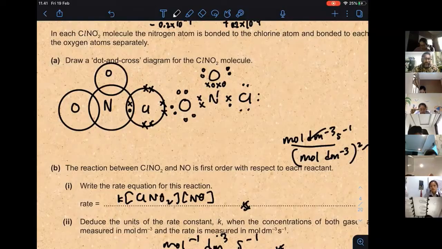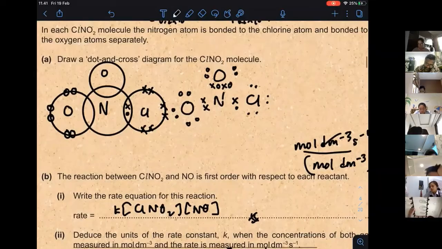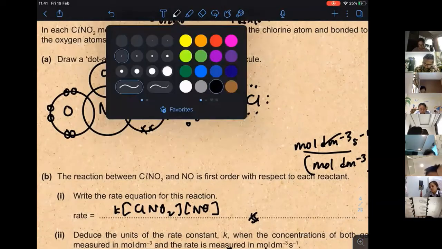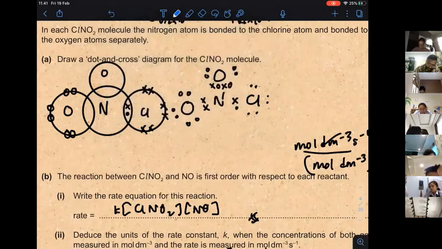Please also take note that oxygen are all group 16, so they have 6 valence electrons. Maybe I'll use a different pen. So here is going to be 6 electrons over here. I need to figure out how to share the remaining 4 electrons.